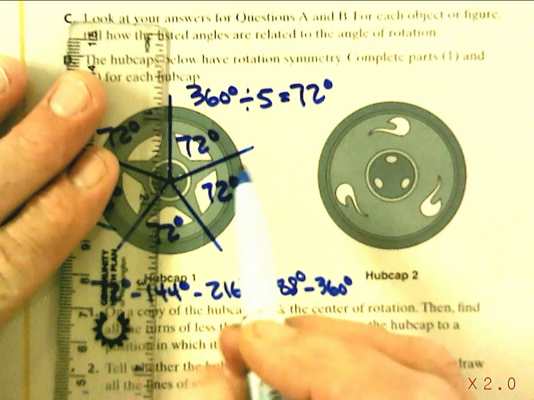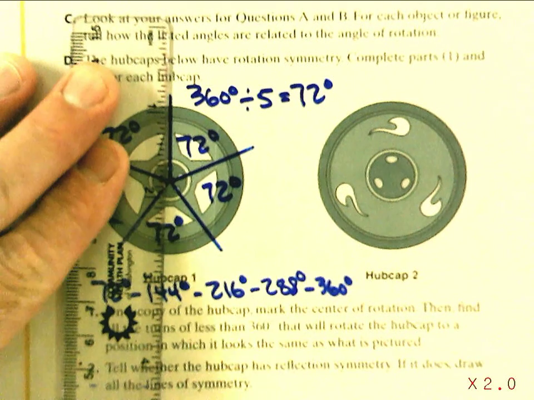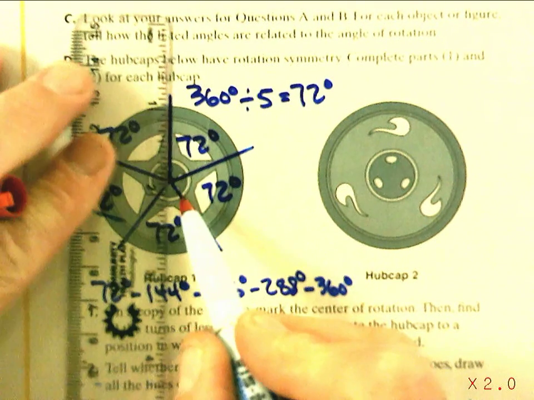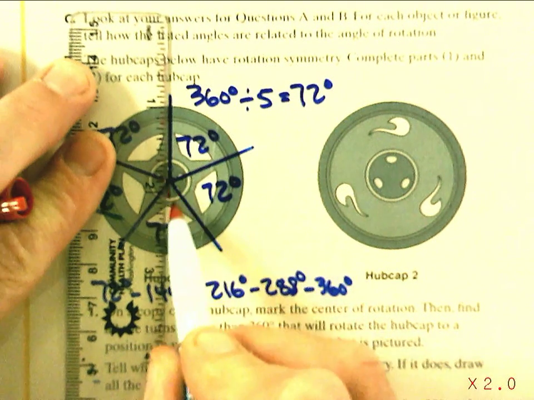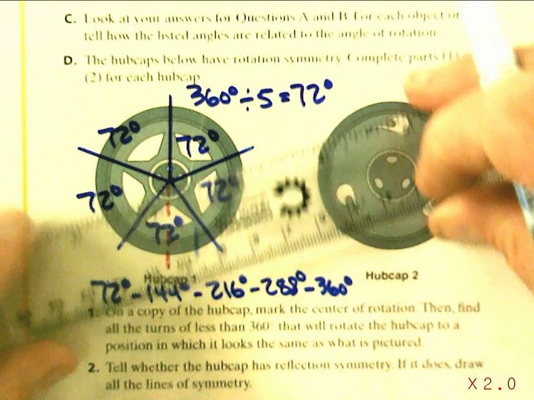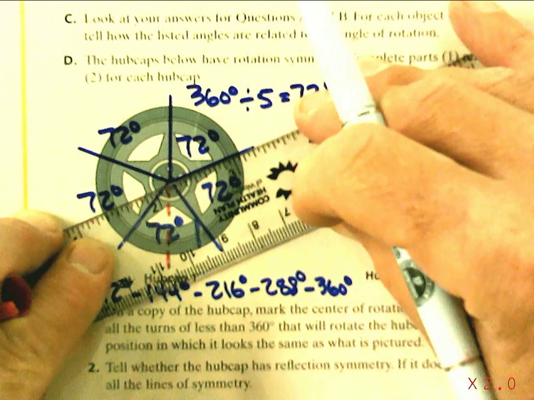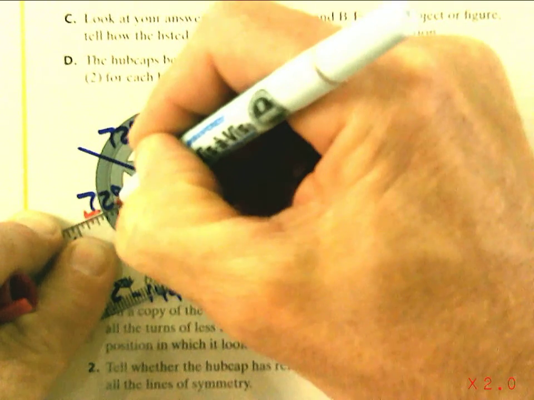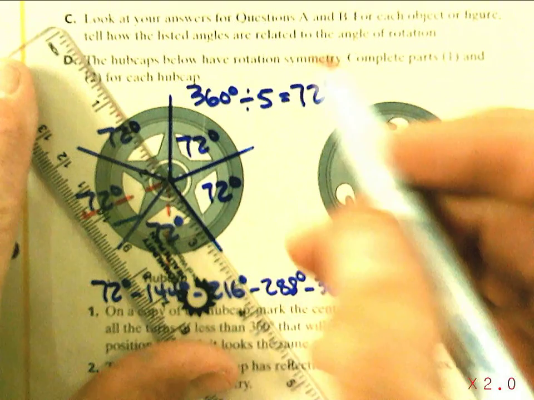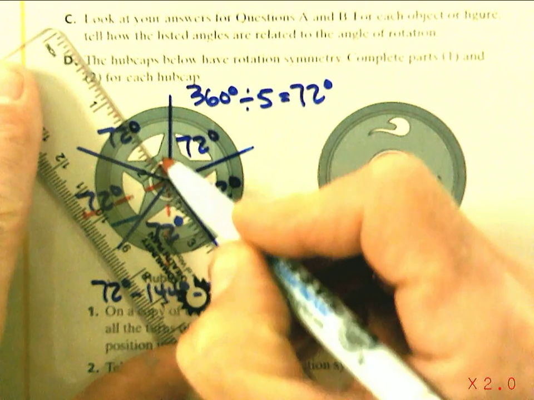It looks like all of these lines I drew of rotation symmetry are also lines of reflection symmetry. So I'm going to put some additional lines in here. I'm going to use a different color so it shows up differently. So we extend this line through here, and that becomes a line of reflection symmetry. So all of these lines now also create lines of reflection. So the image reflects over onto itself.